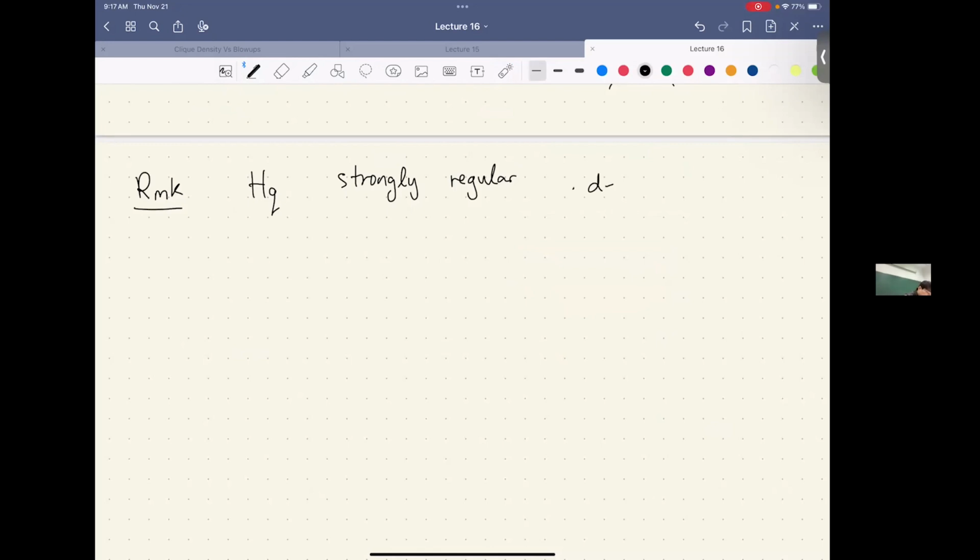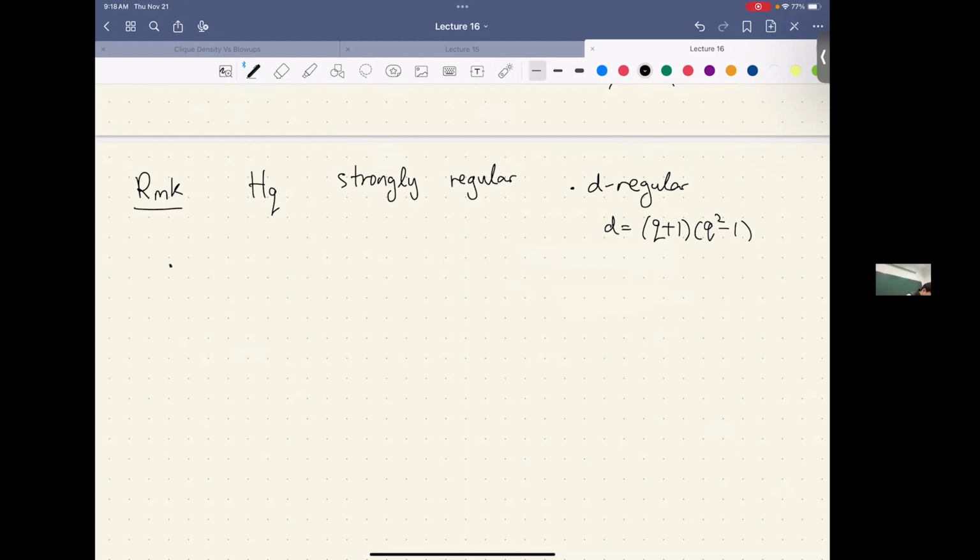We've seen that this graph is a regular graph, meaning that every vertex has degree q plus 1 times q squared minus 1. But in fact, it has stronger regularity. A strongly regular graph means that apart from the graph being regular, you require every adjacent pair of vertices to have the same codegree, and every non-adjacent pair of vertices also to have the same codegree.